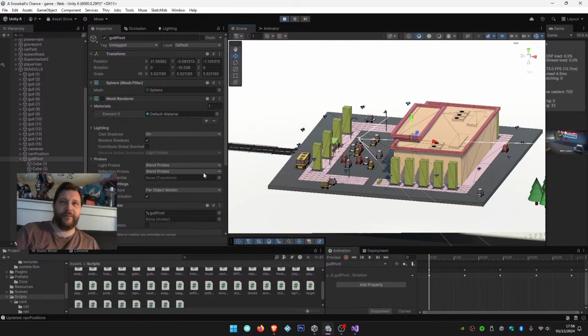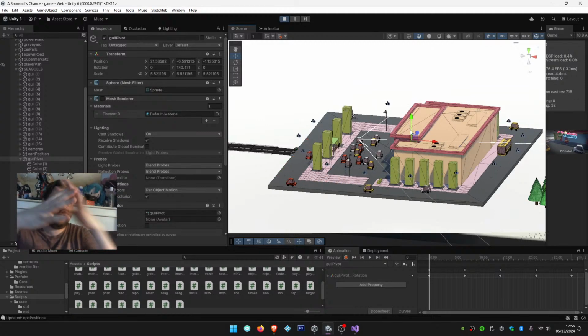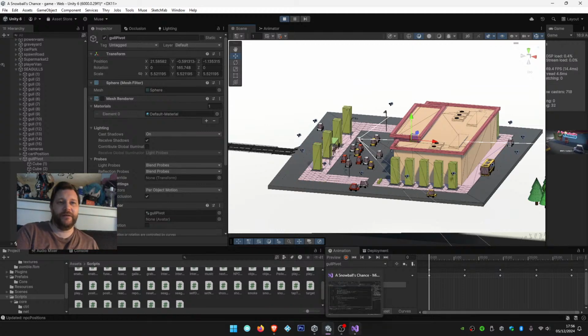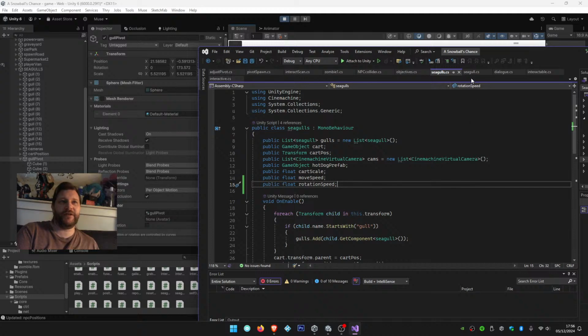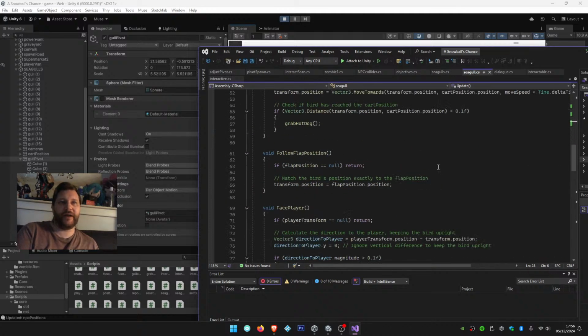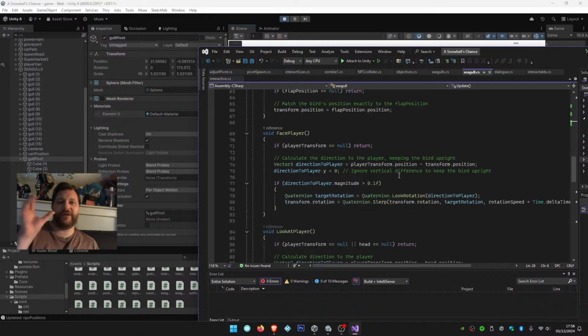The reason that was happening is because they weren't able to keep up with their rotating pivot. The rotating pivot was moving around here, so they were trying to fly to it, which is why they were going off center, off track. So I changed it so that the Seagull now tracks its follow target much tighter.